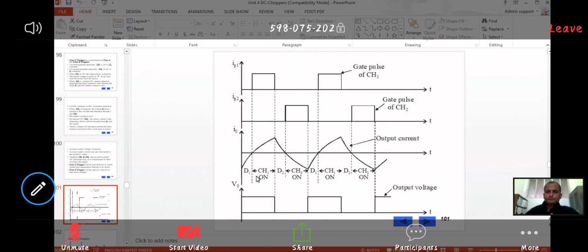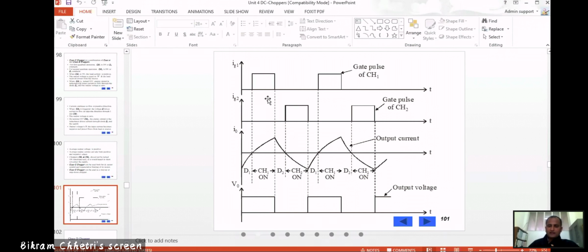So this is given, how does it work when these are the conditions, when the D1 is conducting. When it's triggered, the chopper CH1 is on, and when CH1 is off at this point, then D2 will conduct.